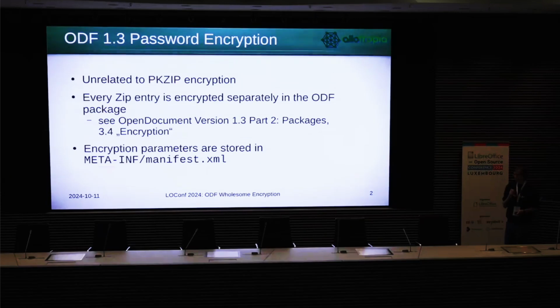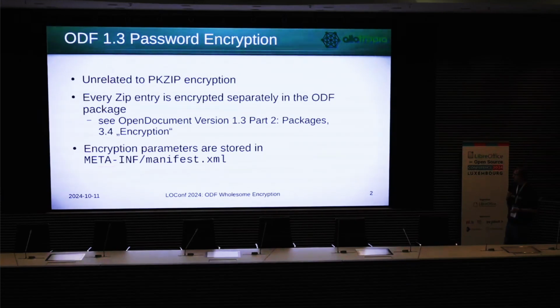For ODF, it's specified in part 2 of version 1.3, which is the package part. There is a chapter there about encryption. And the way it works is that every entry in the ODF package is encrypted separately.